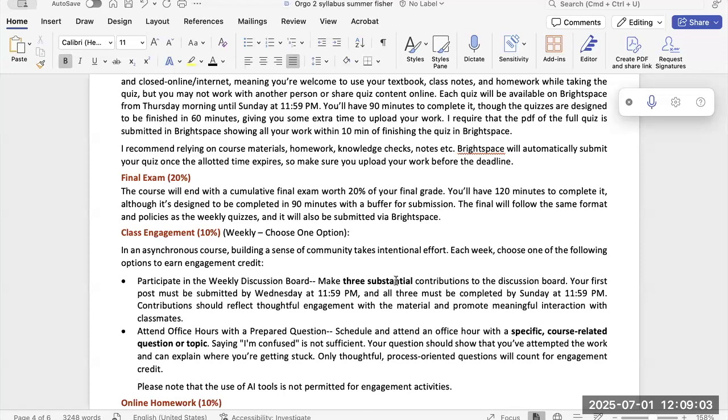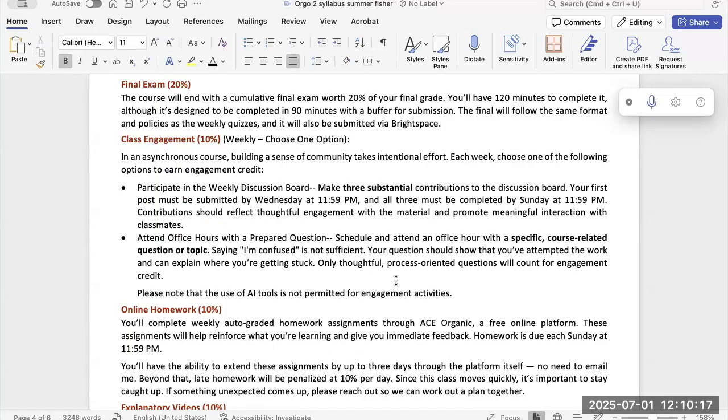So it's kind of cumulative for both semesters, although I will not be asking any specific questions from the material in organic 1 unless it's already been incorporated into our learning process. The final exam will follow the same format as the weekly quizzes and should also be submitted via Brightspace. And then again, you have 10 minutes to supply the PDF for that.